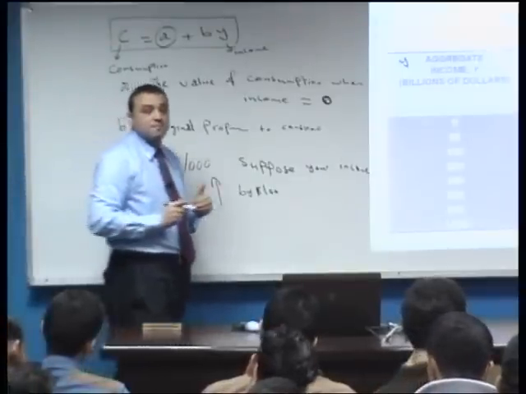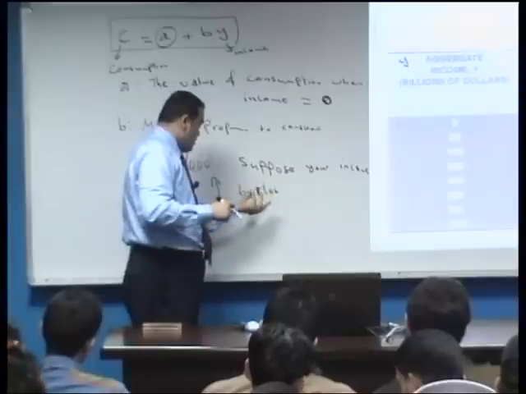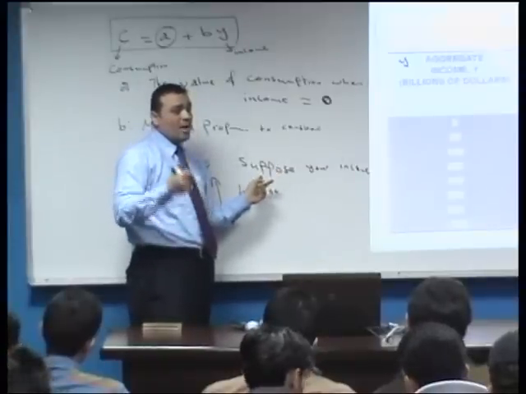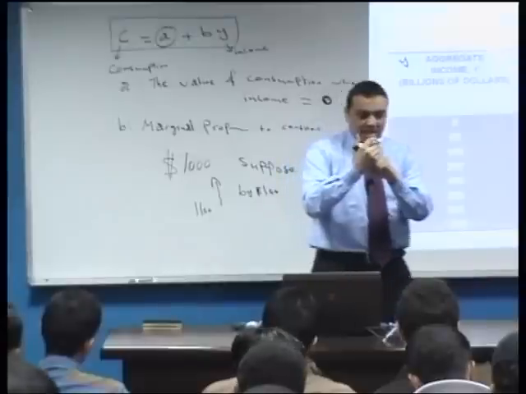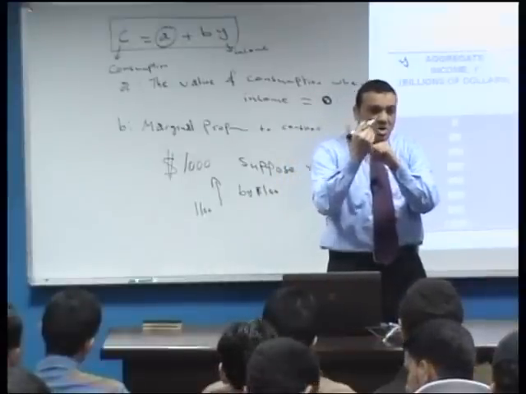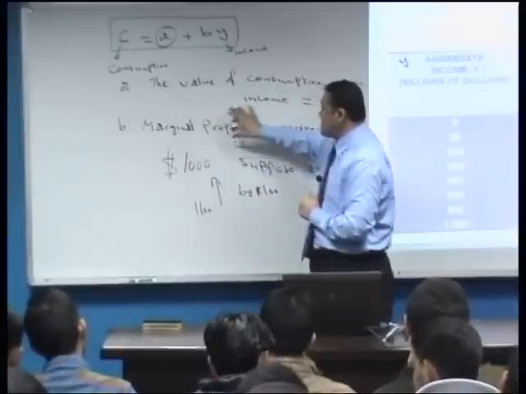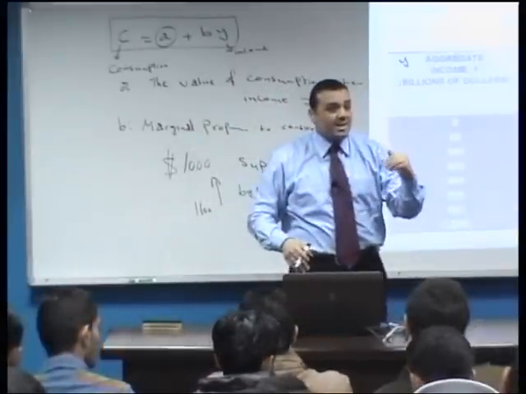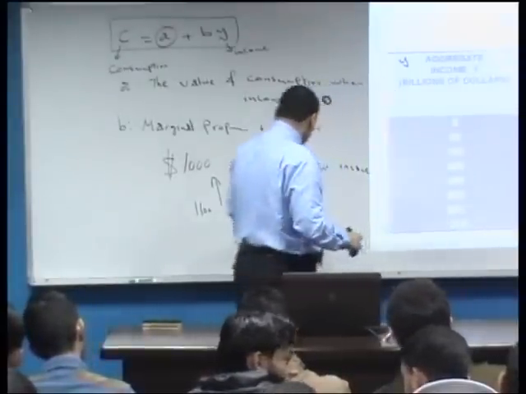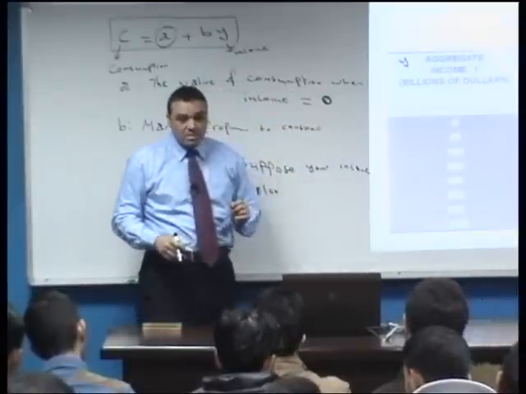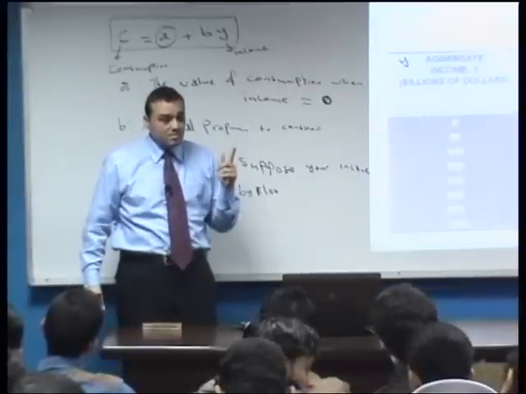The question is, part of this increase in your income, where does it go? Part goes to saving and part goes to consumption. Right? Now the percentage of the increase that goes to consumption is called the marginal propensity to consume. So suppose we took 70 percent and sent it to consumption. 70%. And how much goes to saving? 30%.